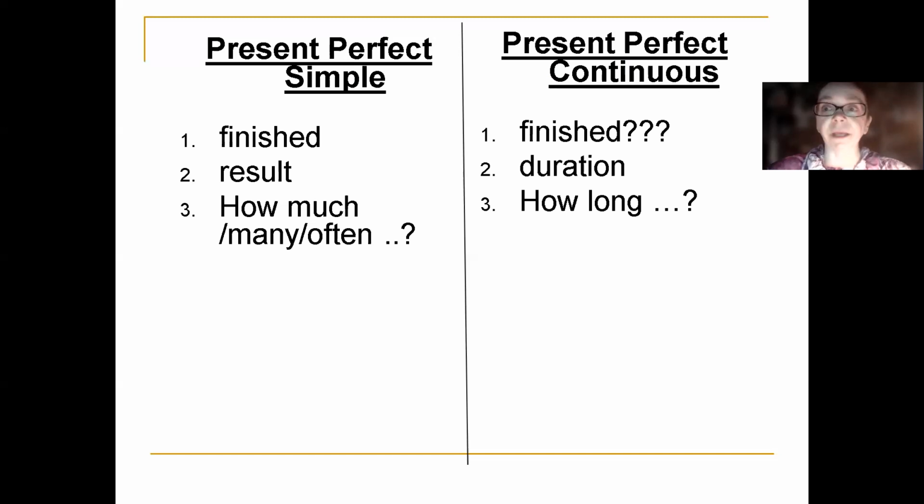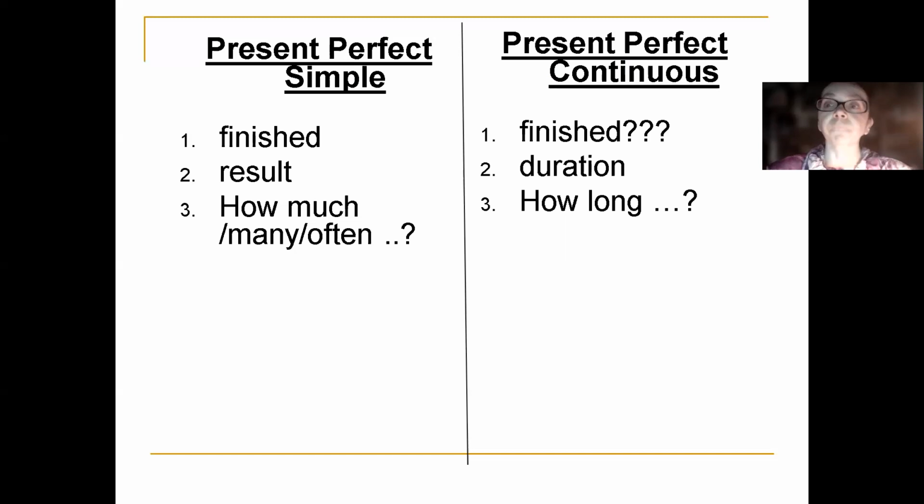That is why the key question for present perfect is how much, how many. How many prizes has he won? How many books have you read this year? How much wine have they drunk?